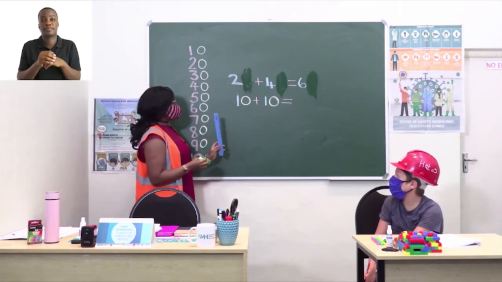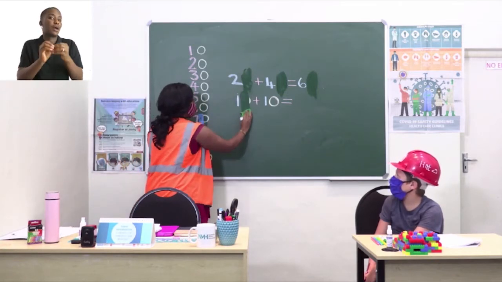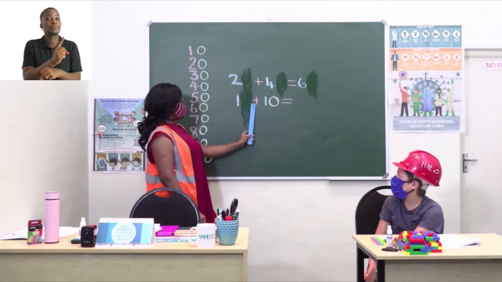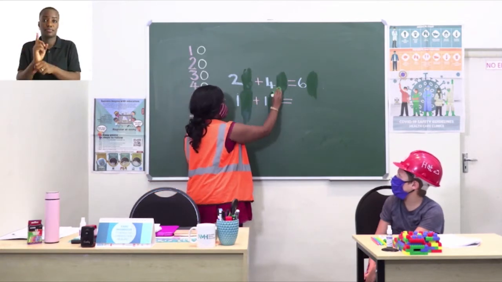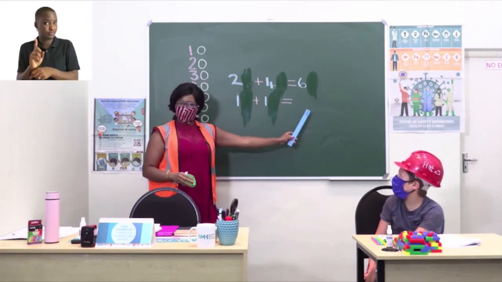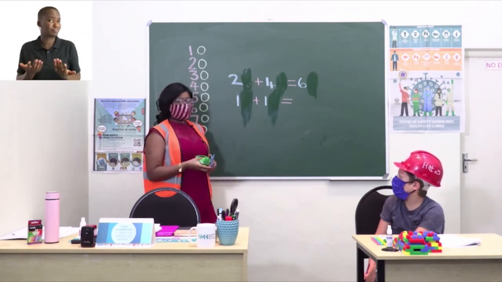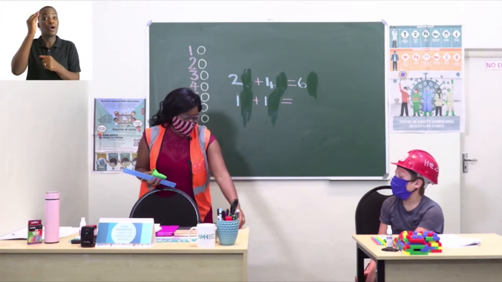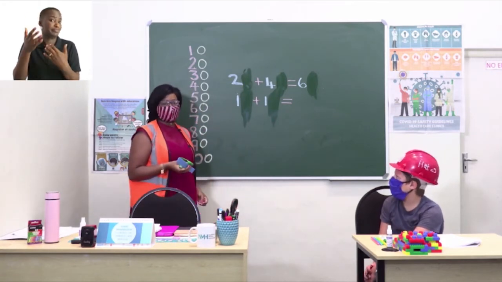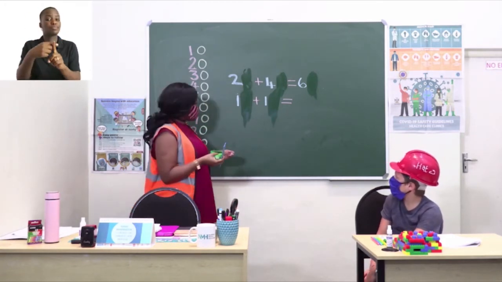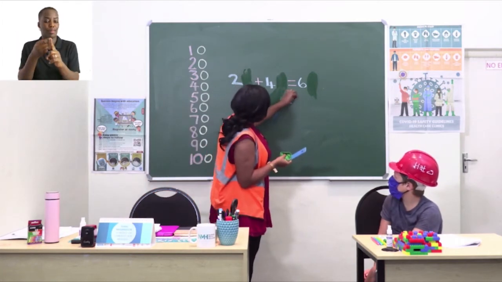So if we say 1 plus 1 equals dash, it makes our sum a lot easier. So we know our answer. It is very simple. 1 plus 1 equals 2.